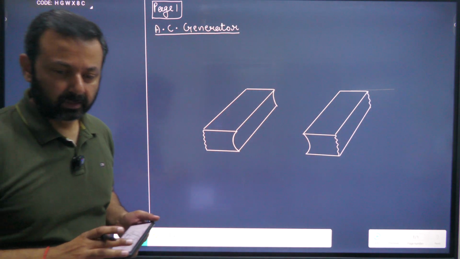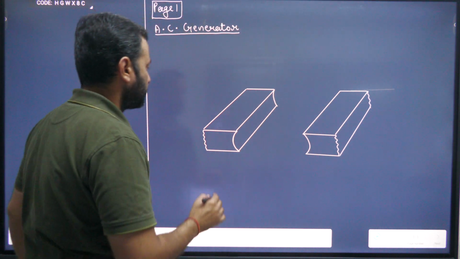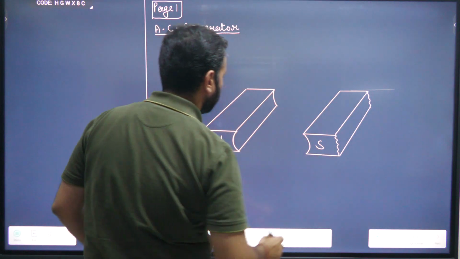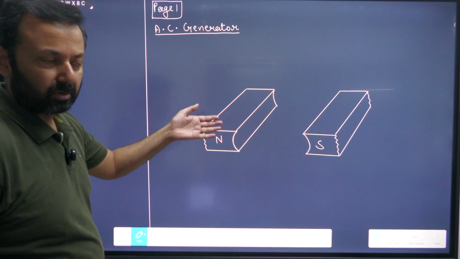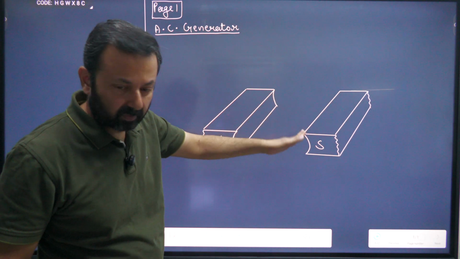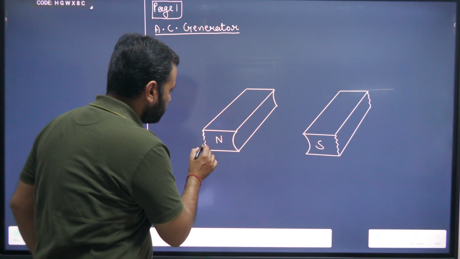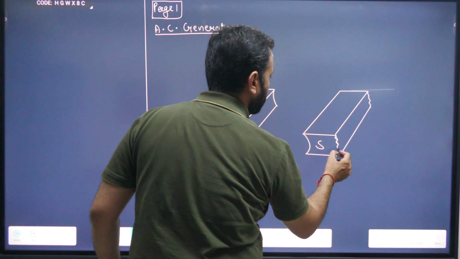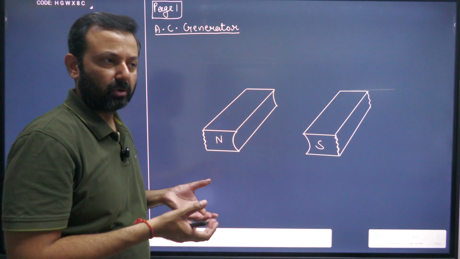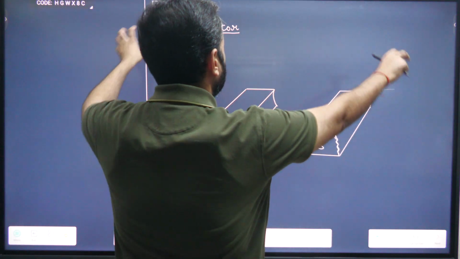These are two poles of a magnet, preferably a single horseshoe type magnet, curved from inside. I have made a zigzag line here and here because these are the north pole and south pole of the same big magnet, which takes a turn like this.